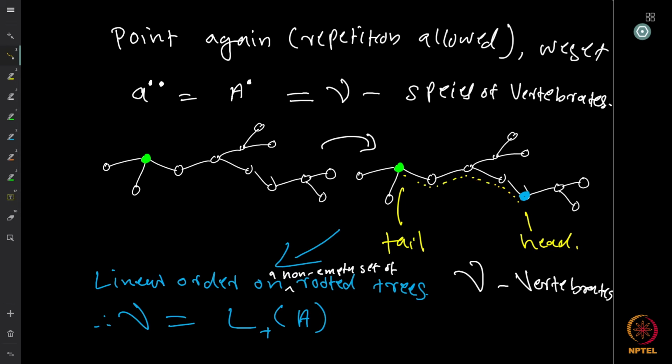This unique path says that I start from the tail, go in a fixed direction, and arrive at the head, which is basically a linear order on the vertices along the path.